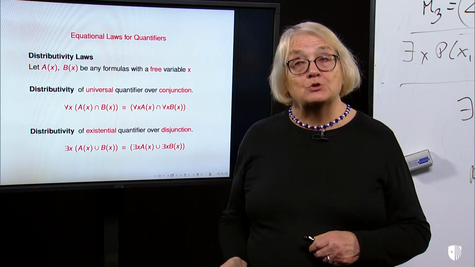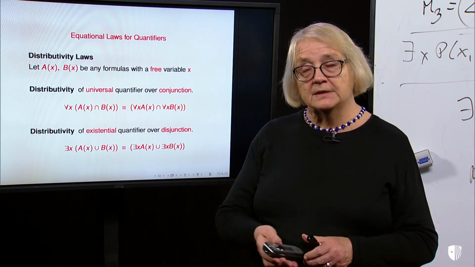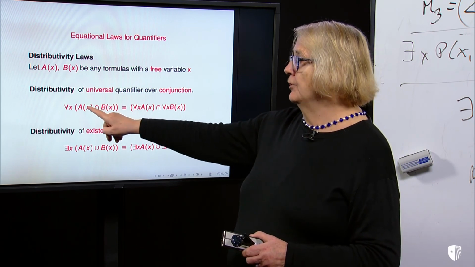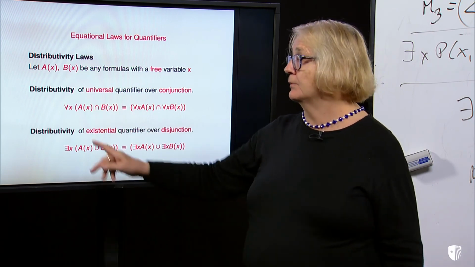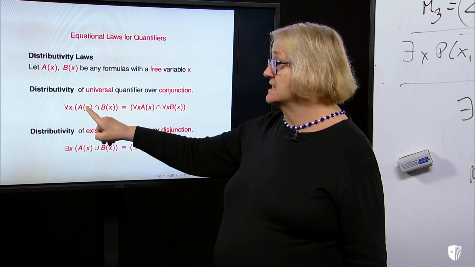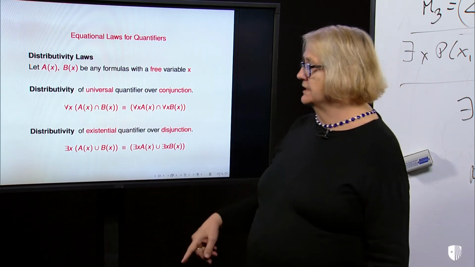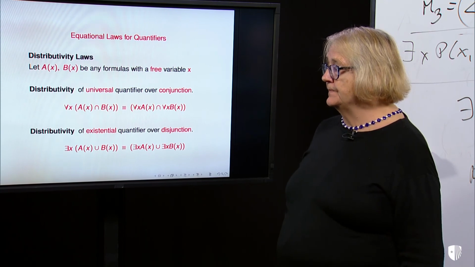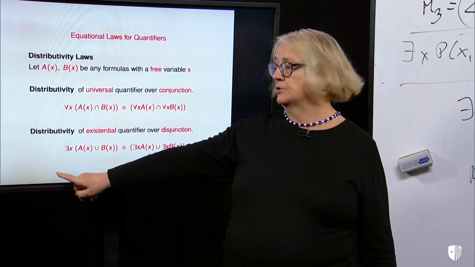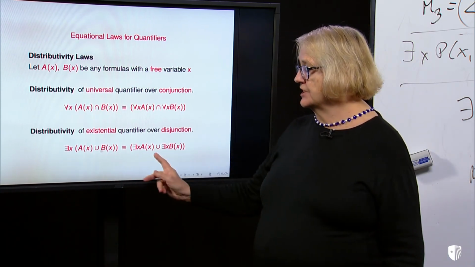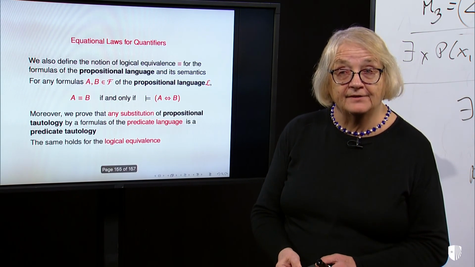Also, you have distributivity laws, which are very important. When both formulas have variable x, so this quantifier binds x in both, you can distribute the universal quantifier over conjunction, and you can distribute the existential over disjunction. Very nice.